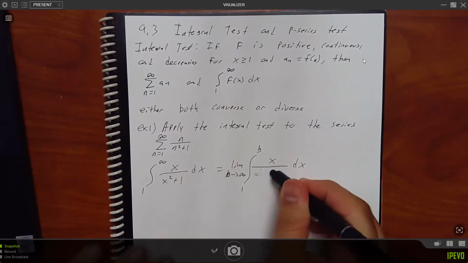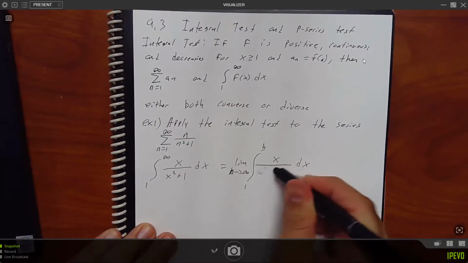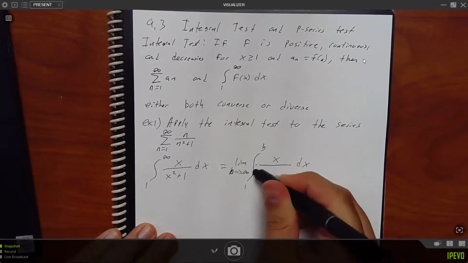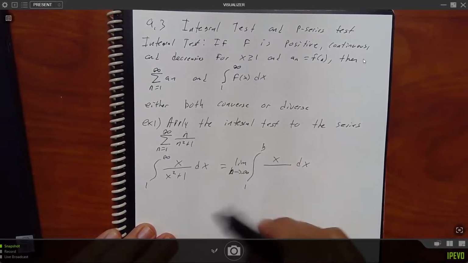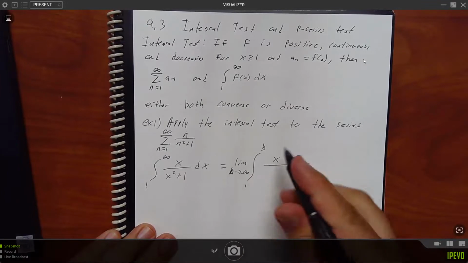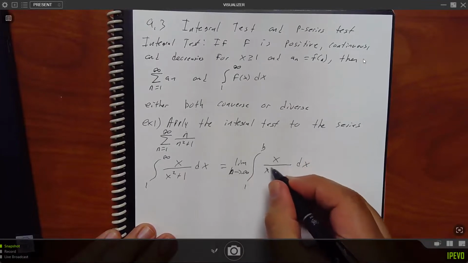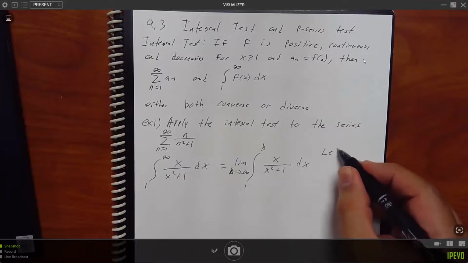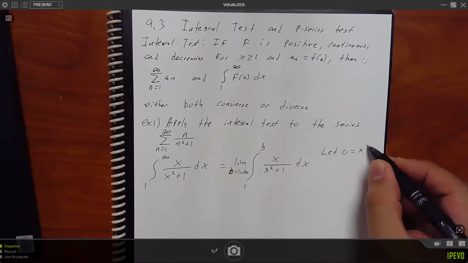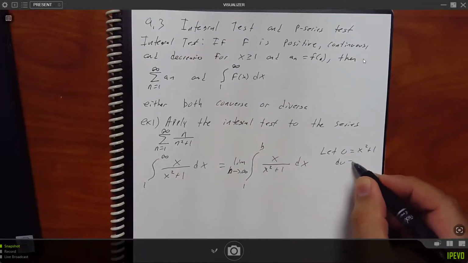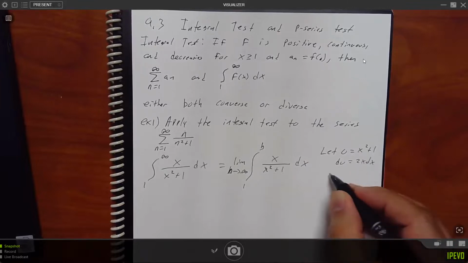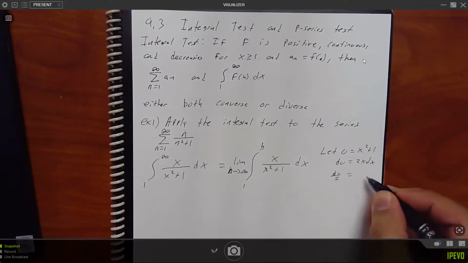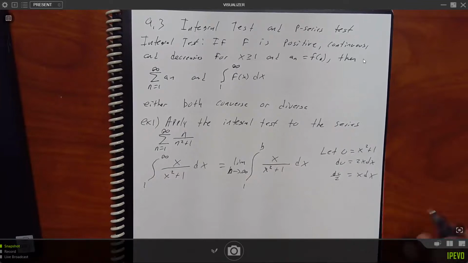How should we integrate this? Yeah, u sub should work. Du is 2x dx. Du over 2 is x dx, which is on the top.